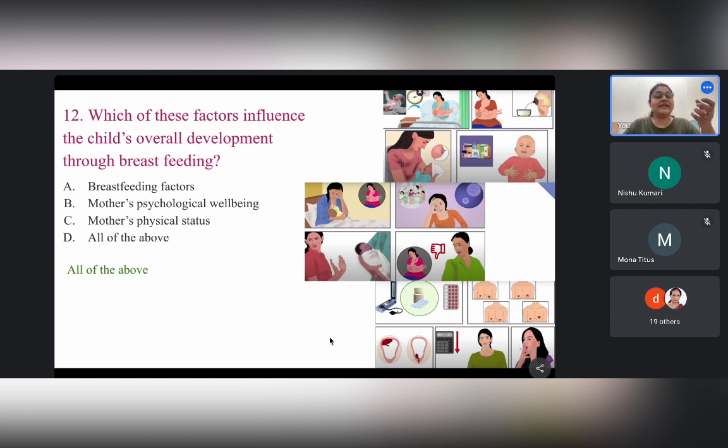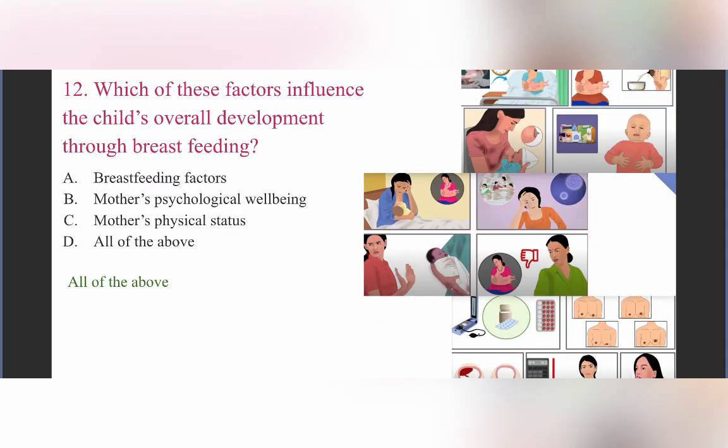These breastfeeding factors are the local factors related to the breastfeeding process, right? Say, as we can see in this image, it is always advocated that the initial breastfeeding should be started within the first hour of birth. If somebody is unable to start breastfeeding within the golden hour, that might impact the overall growth of the baby.